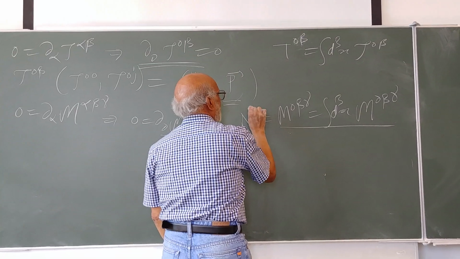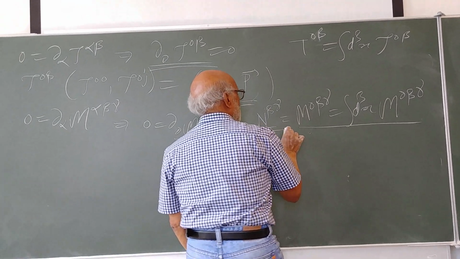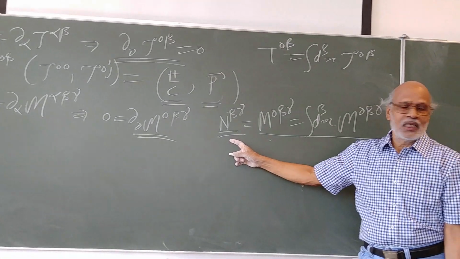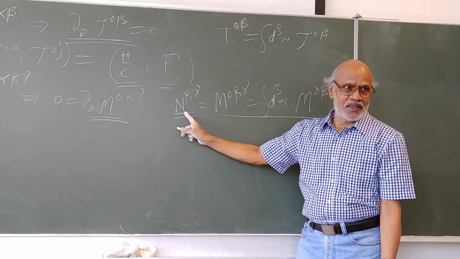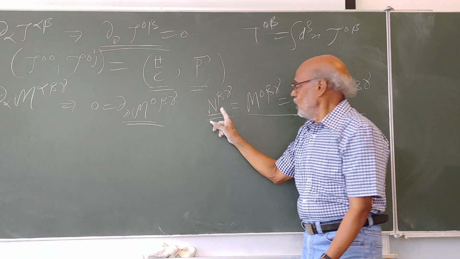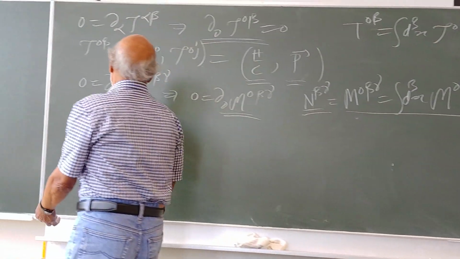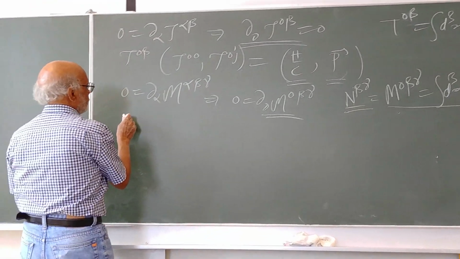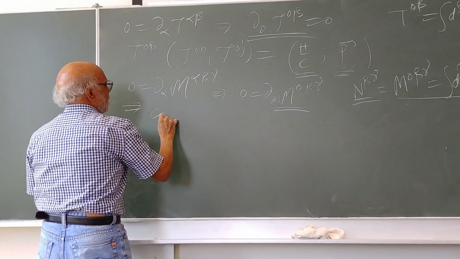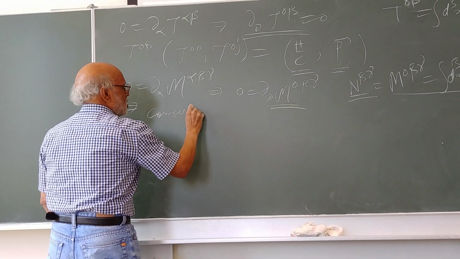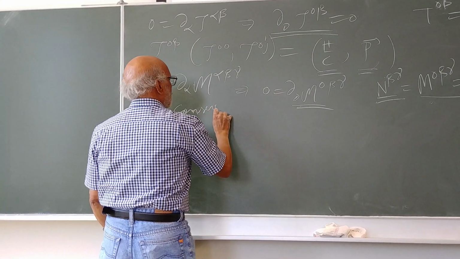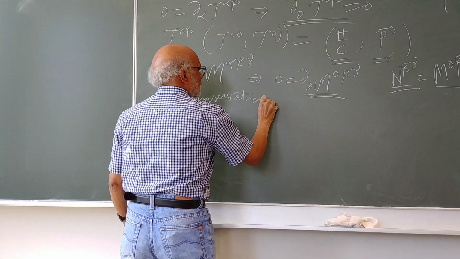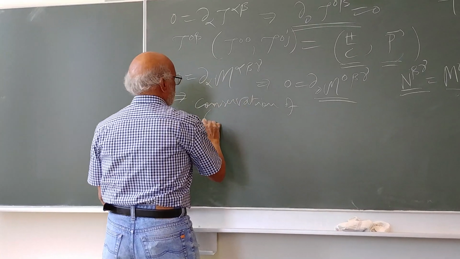Let me call it n beta gamma. So this, as you see, is a matrix. Okay. So this would lead to the conservation of 6 quantities.